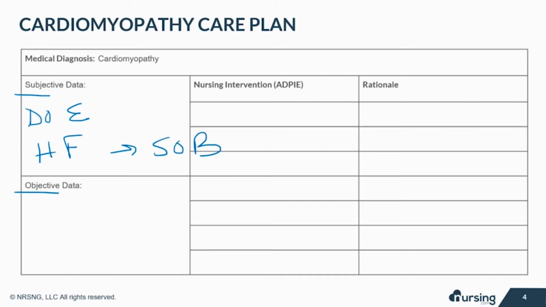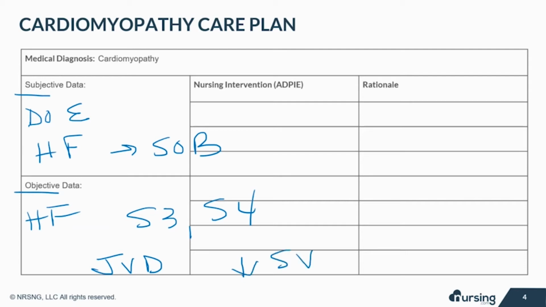Objective or measurable data, which your patient may present with, might include signs of heart failure, including extra heart sounds, S3, S4, poor peripheral perfusion, dysrhythmias, JVD, crackles in the lungs, an enlarged heart on imaging, decreased stroke volume, and decreased CVP or preload.